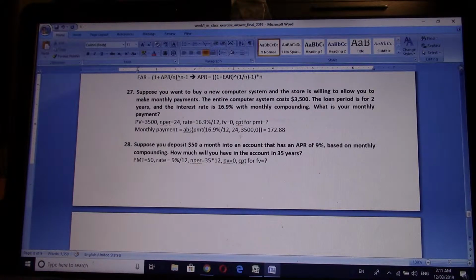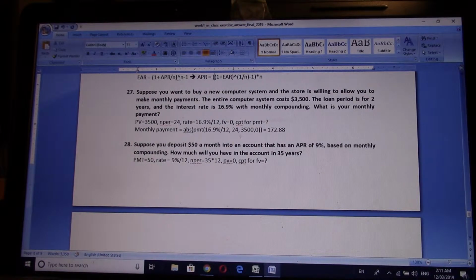The computer is $3,500, that should be your present value. NPER should be 2 years multiplied by 12, rate should be 16.9% divided by 12. Future value is 0. So compute for PMT. That's the answer. This is just an ordinary annuity question.